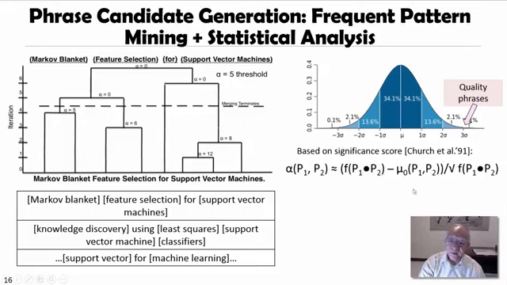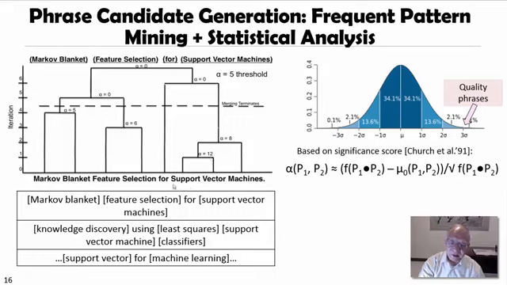We can use a significance score, like the one Church developed in 1991, right on this formula. This is very much in the same spirit as the z-score, how many standard deviations away. Suppose in this document we found support vector getting together is about 12 standard deviations away.